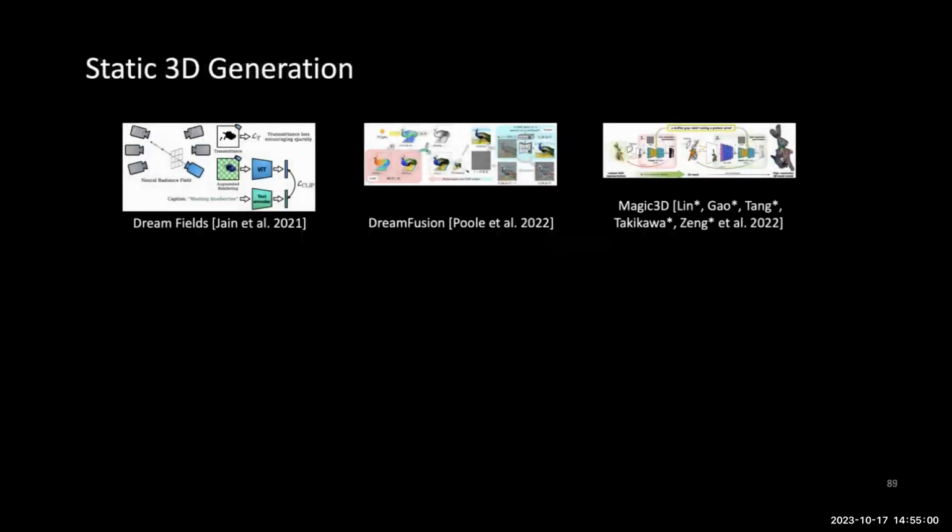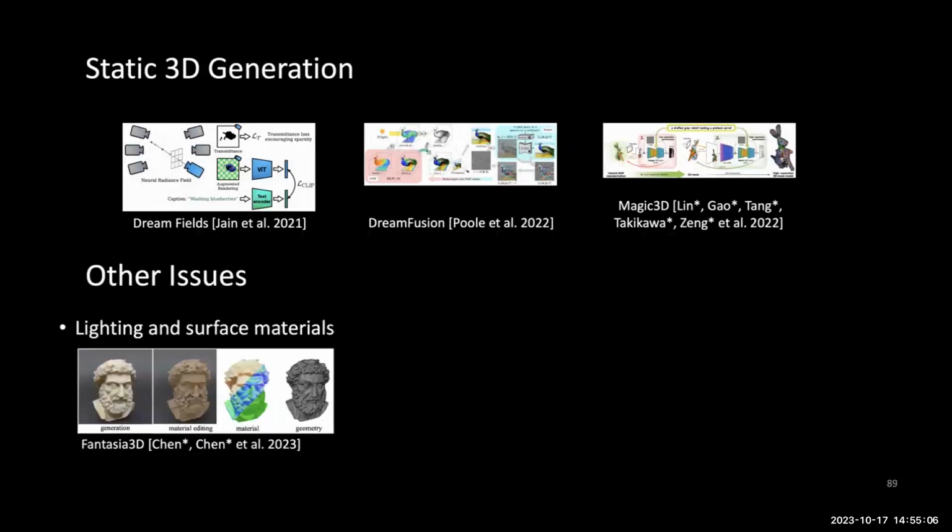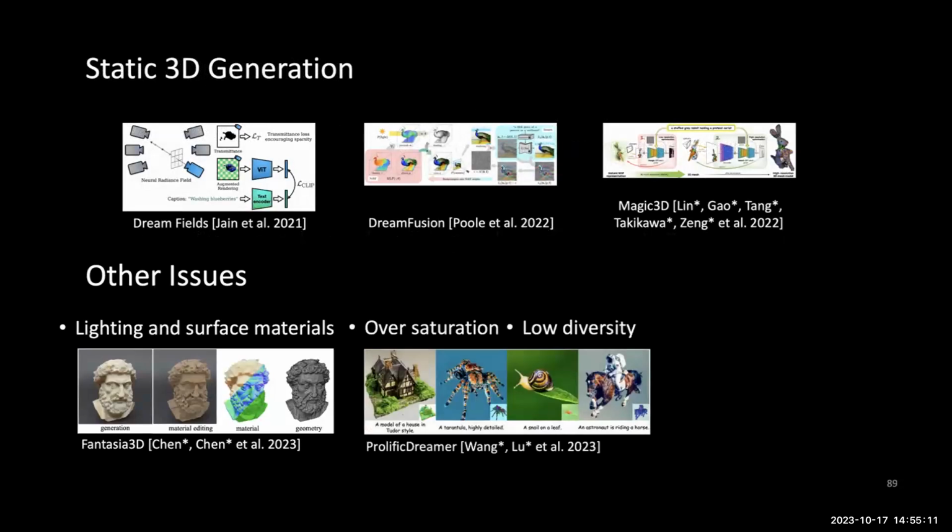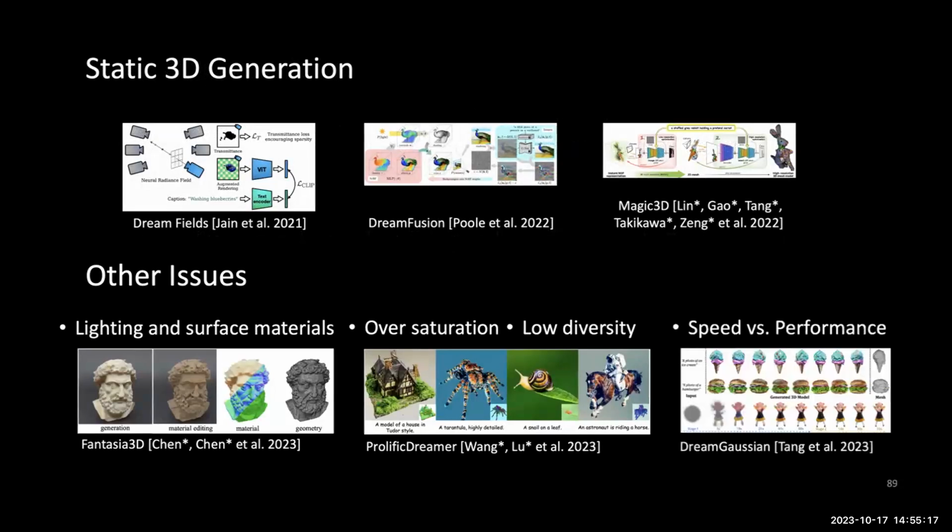For example, for static 3D generation, there are works like DreamFields, DreamFusion, Magic3D, and other works following them that try to solve specific issues within this domain. Some works try to solve lighting, surface and materials, some try to overcome oversaturation or low diversity, or, for example, the work GaussianDreamer from the lab that tries to strike a balance between speed and performance.